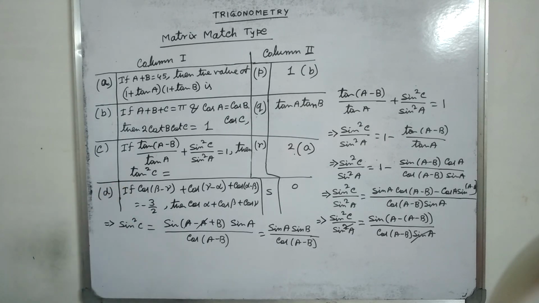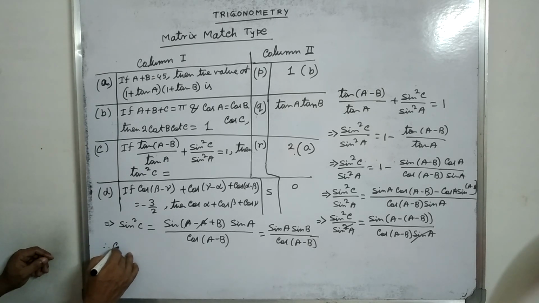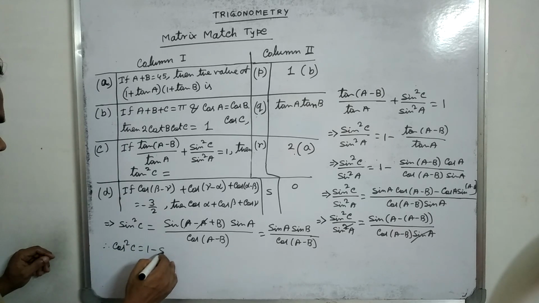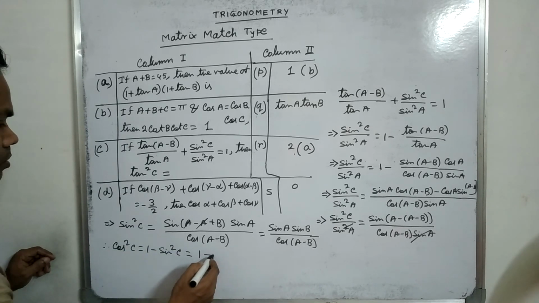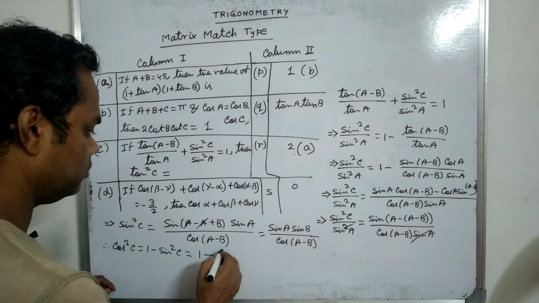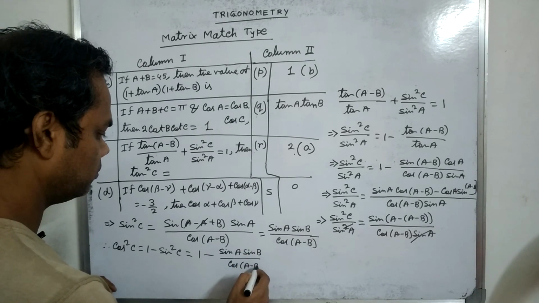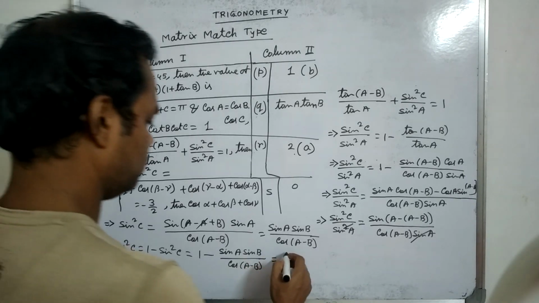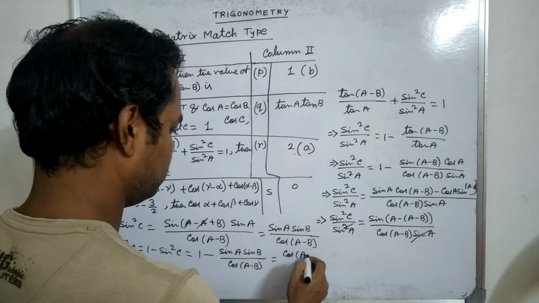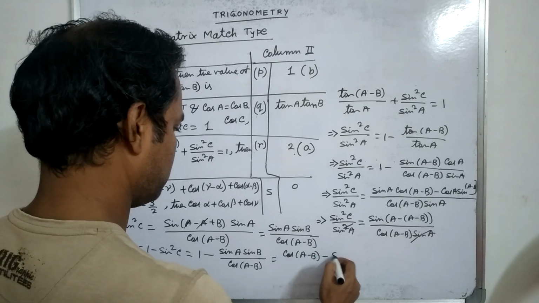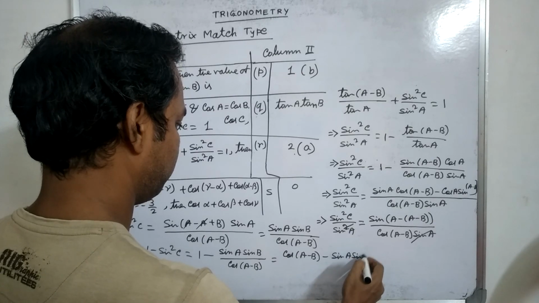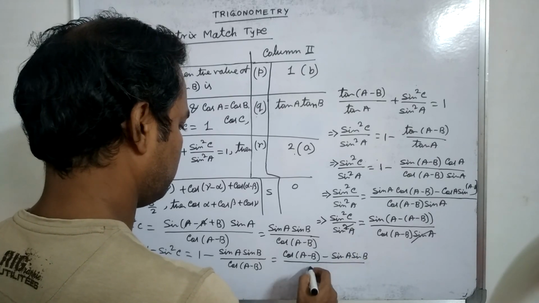Now we have to find tan square C. To find tan square C we have to find cos square C. So cos square C equals 1 minus sin square C. So 1 minus sin A sin B by cos (A minus B), so cos (A minus B) minus sin A sin B by cos (A minus B).